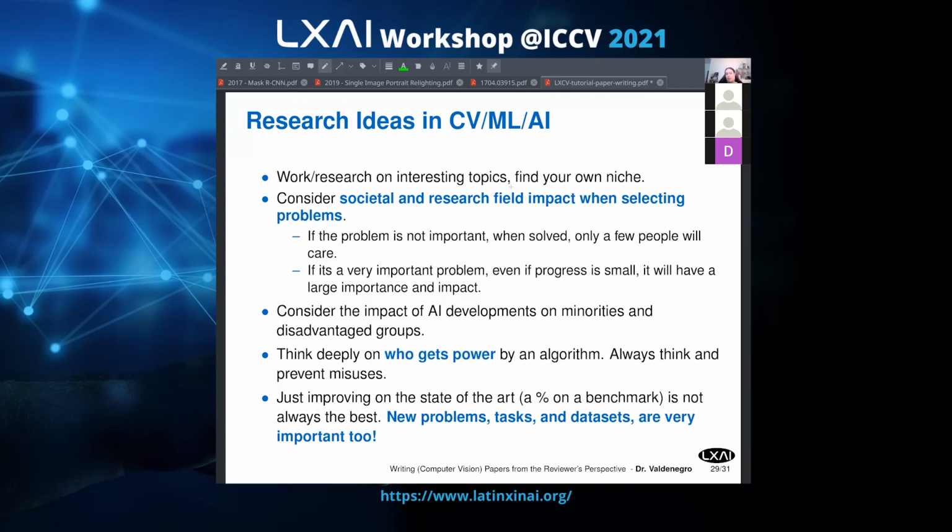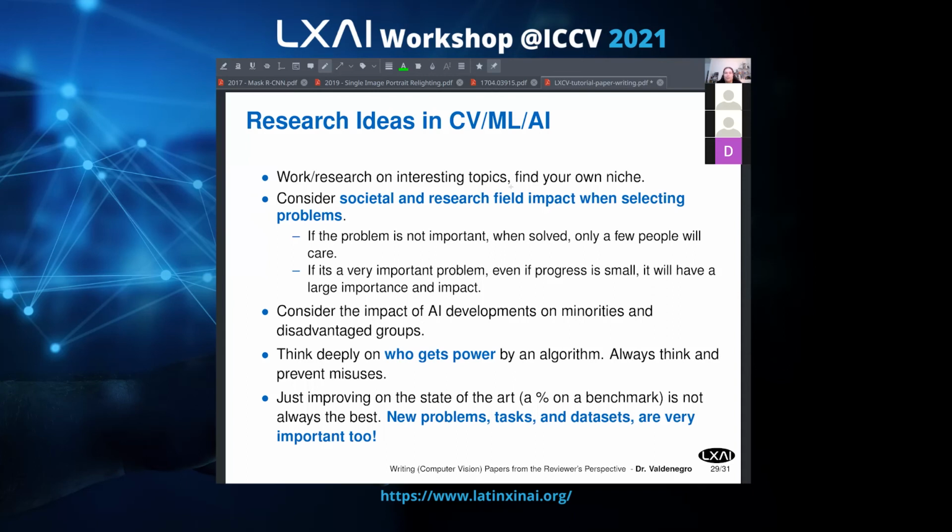And I noticed from personal experience that for my PhD, I worked on marine debris detection, which I think is a very important problem. And then I started seeing a lot of people citing my papers, and even funders were funding projects related to this research, saying, oh yeah, this is actually an important problem. So if you don't work on an important problem, then of course not many people will care.